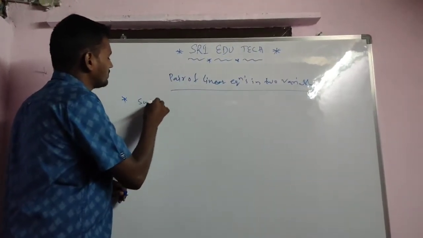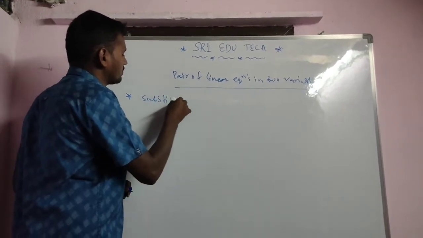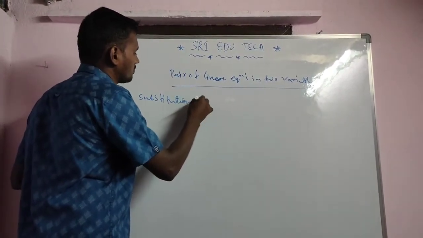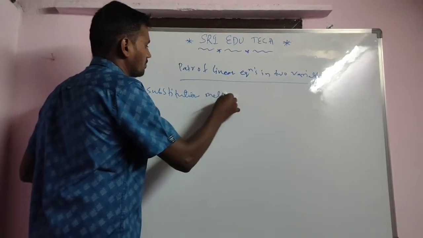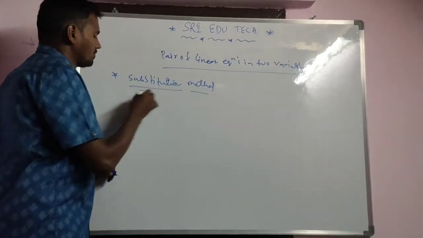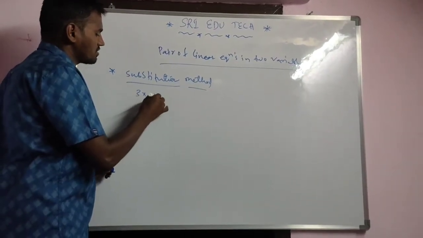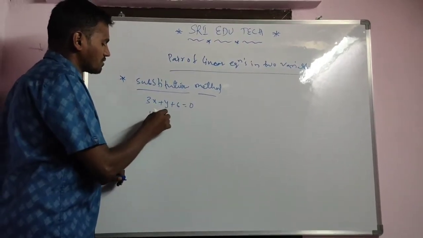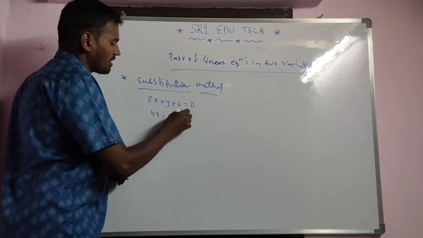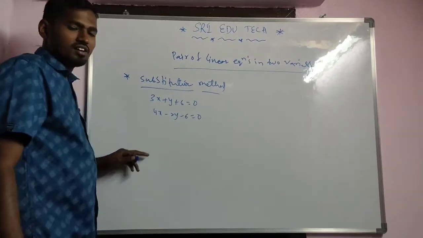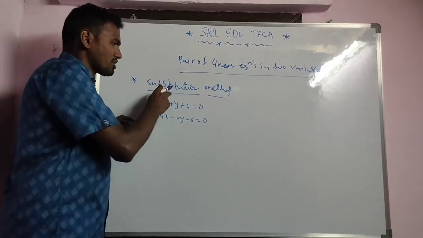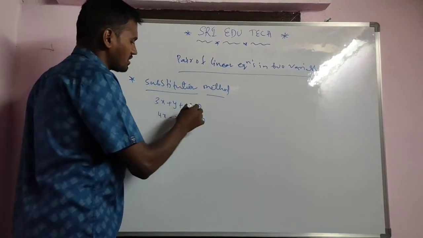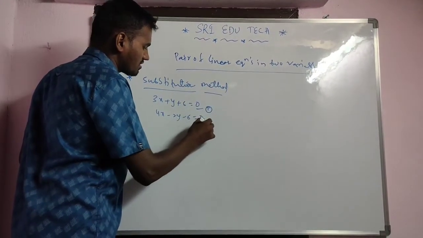Substitution method. 3x plus y plus 6 is equal to 0 and 4x minus 2y minus 6 is equal to 0. By using the substitution method to solve this, this is equation number 1 and this is equation number 2.